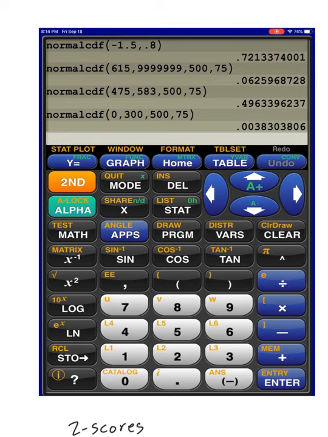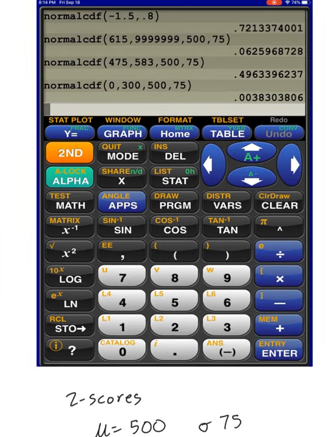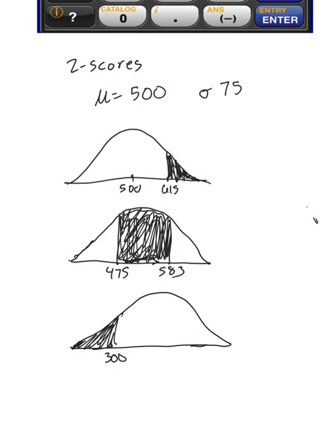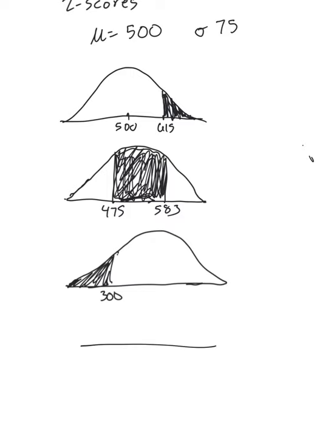But now I want to think about what number of apples I would need if I want to fall at exactly 80%. What number of apples do I have to get to be at my 80th percentile?